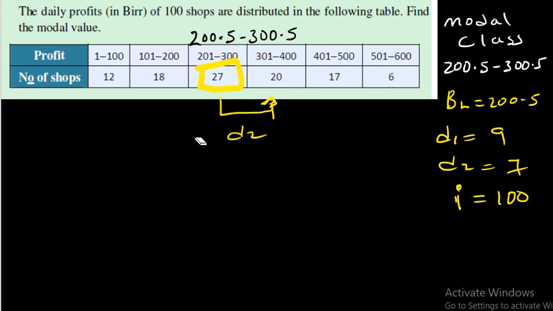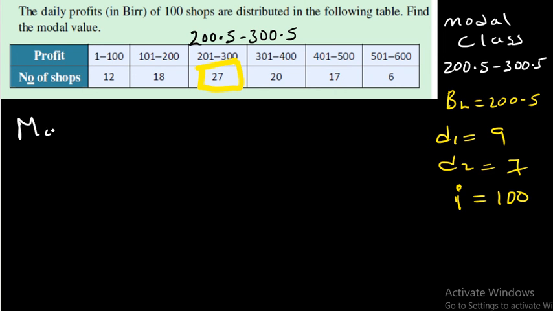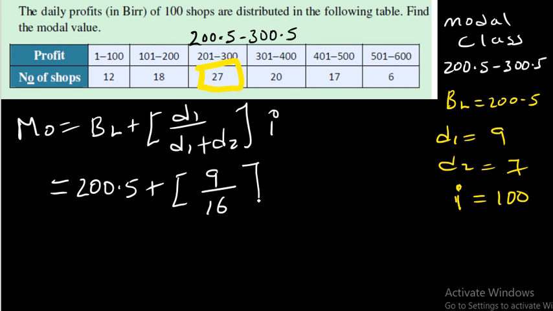Now let us state the formula. What does the formula say? Mode is equal to BL plus, in big bracket, D1 over D1 plus D2, multiplied with I. BL is 200.5 plus, in big bracket, the D1, it's obvious 9, over, add it, which is 16, multiplied with 100.